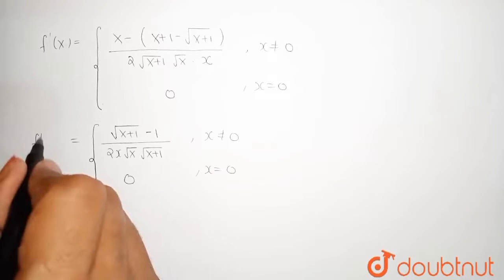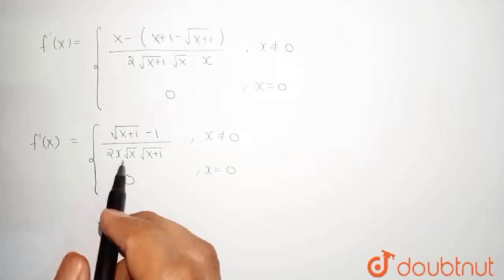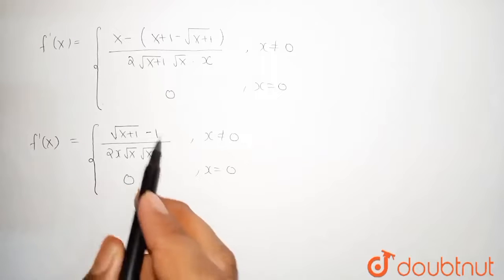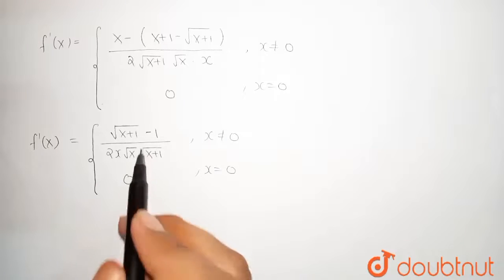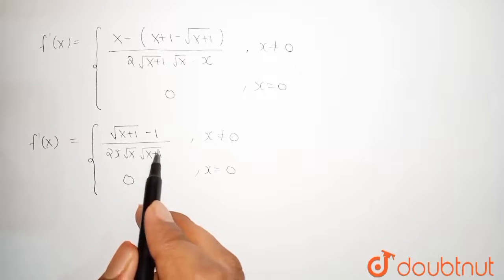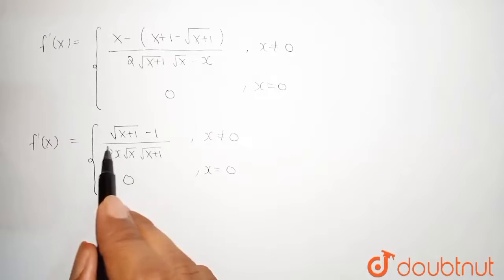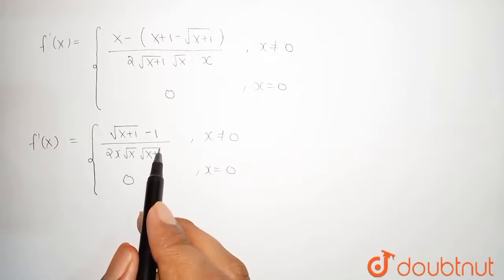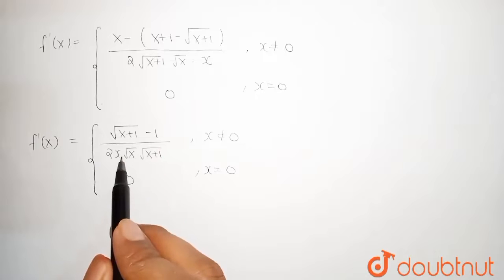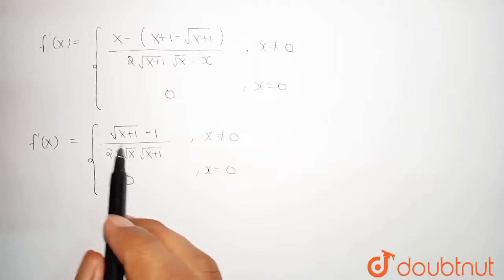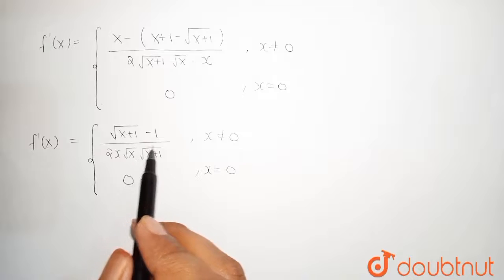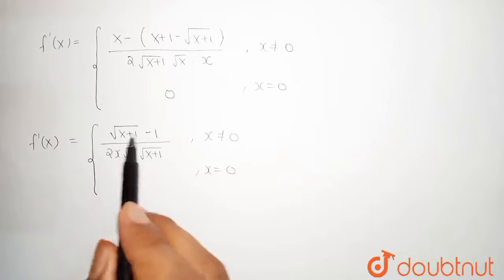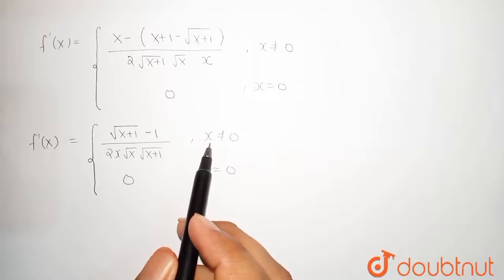Note that this is our f dash x. As we can see, our f dash x is defined everywhere if x is greater than 0, because then our whole denominator is a finite, real and non-zero value, and the numerator is also finite and real. So this whole term is defined and continuous everywhere if x is greater than 0.